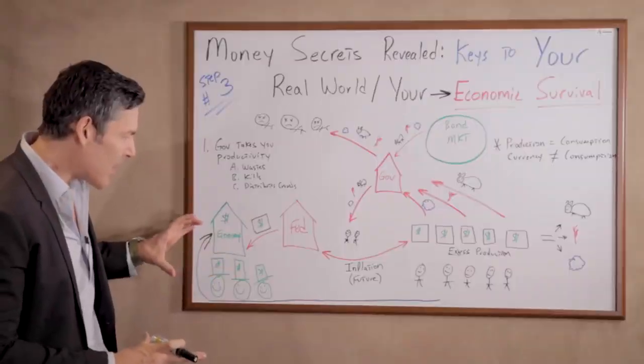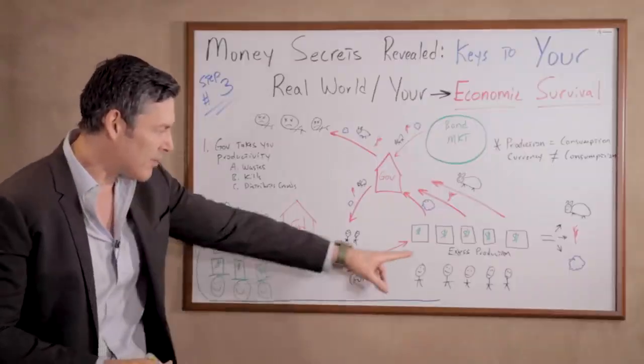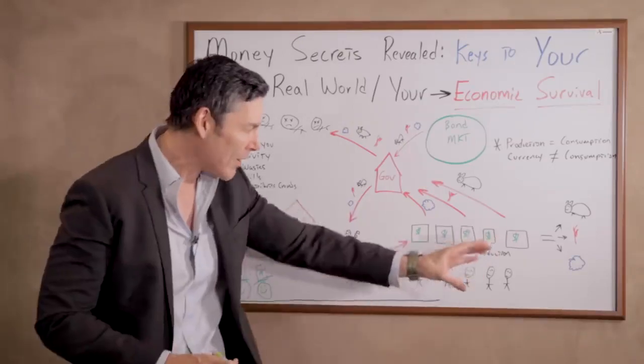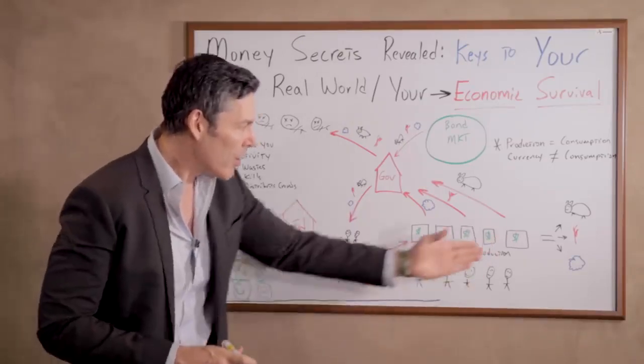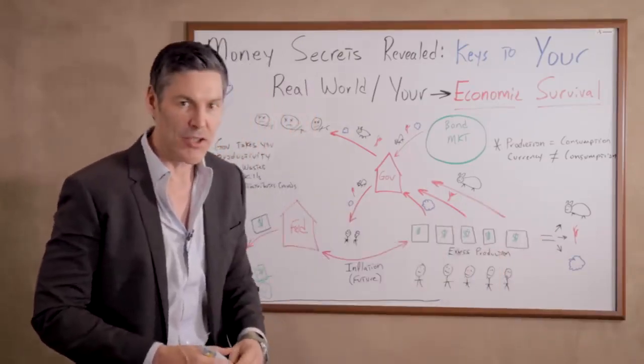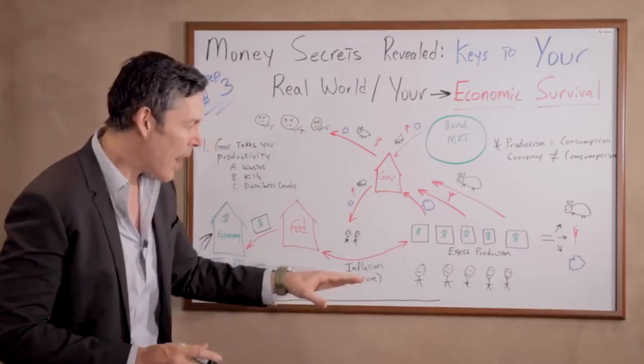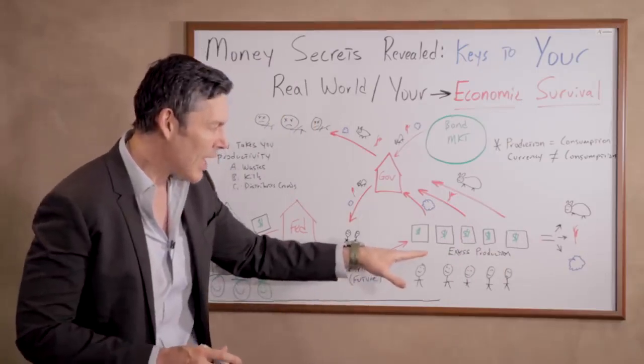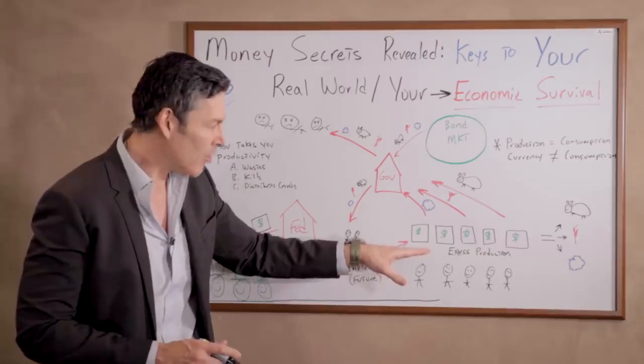Then what happens is they take that excess production that they steal from you and sell it right back to you for the goods and services that you produce. What ends up happening is you don't become any richer. It's a wash.